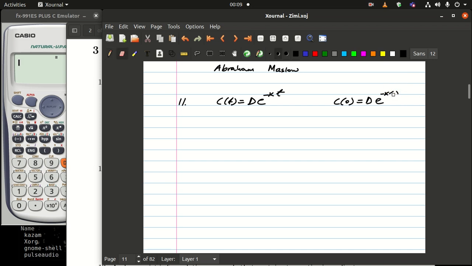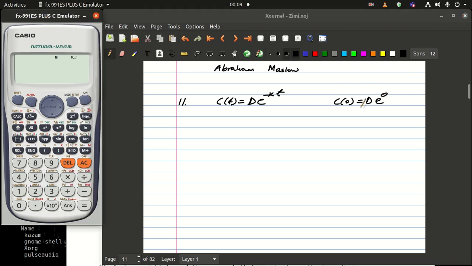K times 0 is just going to be 0, and then e to the power 0 is going to be 1. So this whole thing is going to be 1. In other words, the initial dose is equal to D.